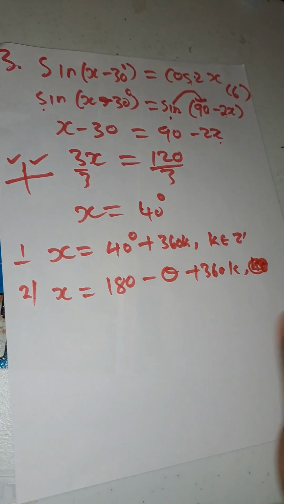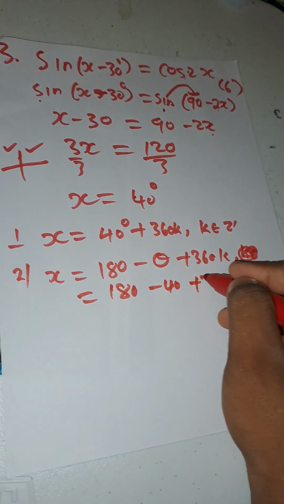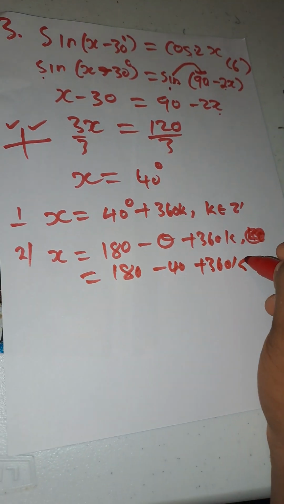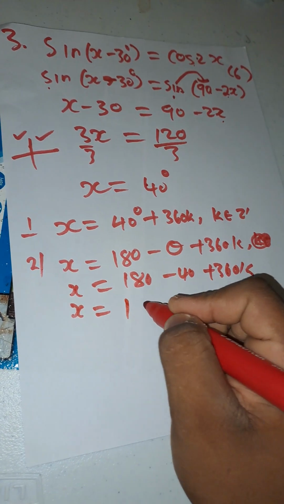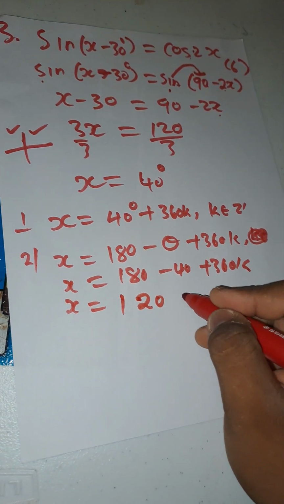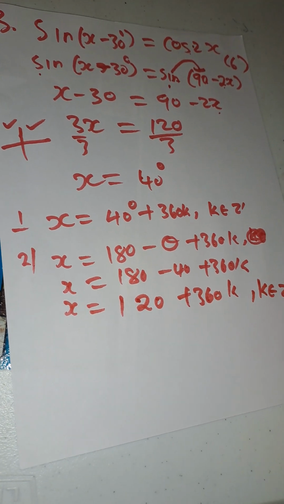This one you can put at the end. So it's going to be 180 minus 40 plus 360k, and then my x is going to be equal to 120 plus 360k. That's when you can put your k an element of integers.